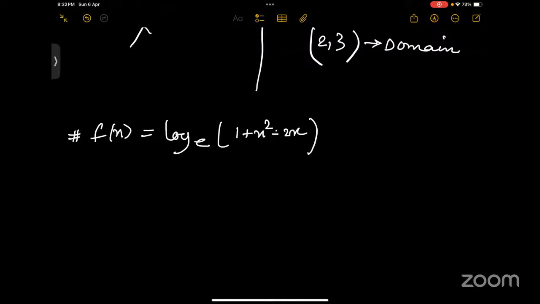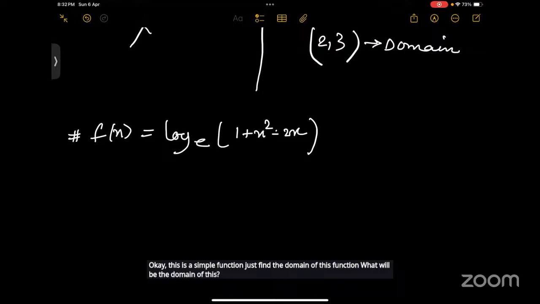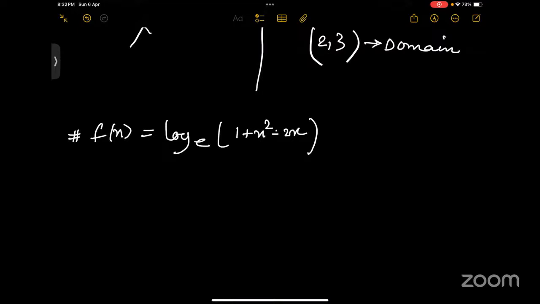Okay. This is a simple function. Just find the domain of this function. What will be the domain of this? It's 1 to infinity, right?